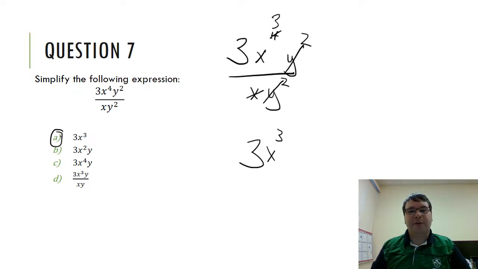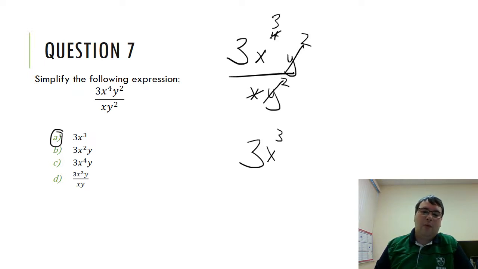Let's try question number 7 real quick. It says simplify the following expression. It gives us 3x to the 4th y squared over xy squared. Well, here's what's really fun. Y squared and y squared, since we're dealing with all products here in the numerator and all products in the denominator, cancel completely.